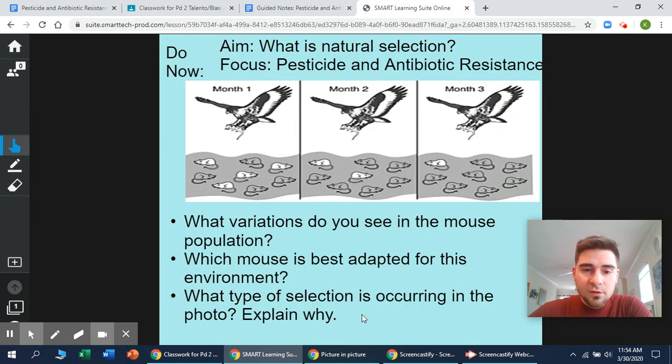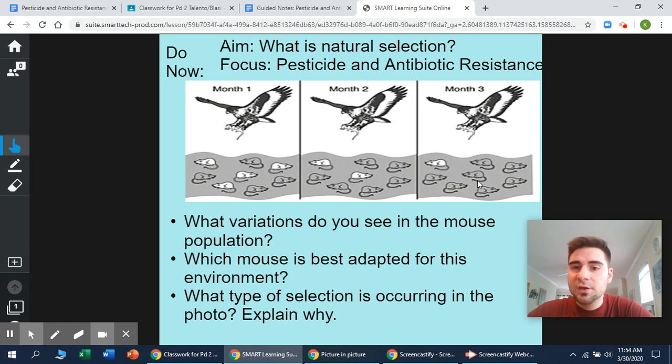All right, now lastly, what type of selection is occurring in the photo? Explain why. Okay, so we see here, when it comes to the variations over time, in the beginning, let's count how many mice of each variation. We have 1, 2, 3, 4 with light colored fur, and 1, 2, 3, 4 with dark colored fur, to start out. Now, the next month, there's 1, 2, 3, 4, 5, 6 with dark colored fur, and light colored fur, there's only 1, 2.